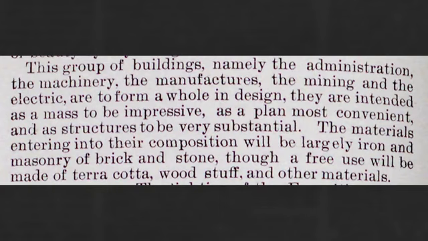They are intended as a mass to be impressive, as a plan most convenient, and as structures to be very substantial. The materials entering into their composition will be largely iron and masonry of brick and stone, though a free use will be made of terracotta, wood stuff, and other materials.